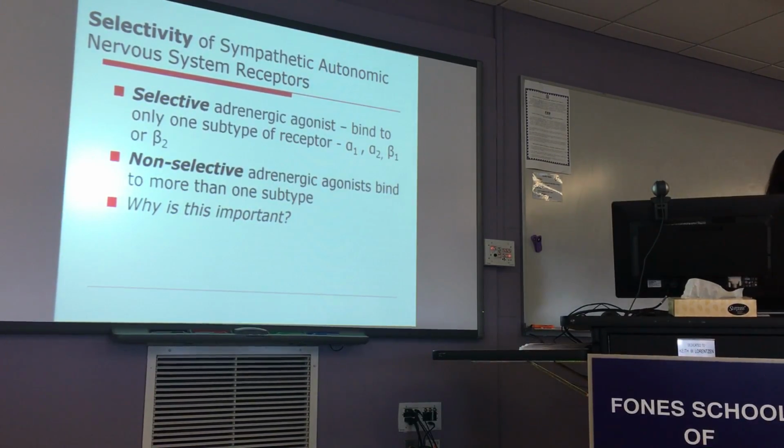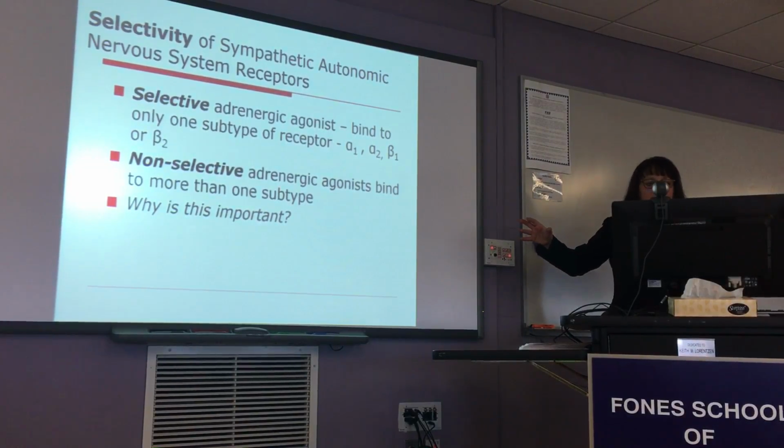Why might that be important? If it binds to more than one subtype, more side effects, okay? We might want it to bind to more than one subtype, but most of the time we want to have as discrete a response as possible, as selective a response as possible. So if it only binds to the subtype where we want to have the effect, great. If it also binds to another one, it might have more of an effect and different effects, okay?